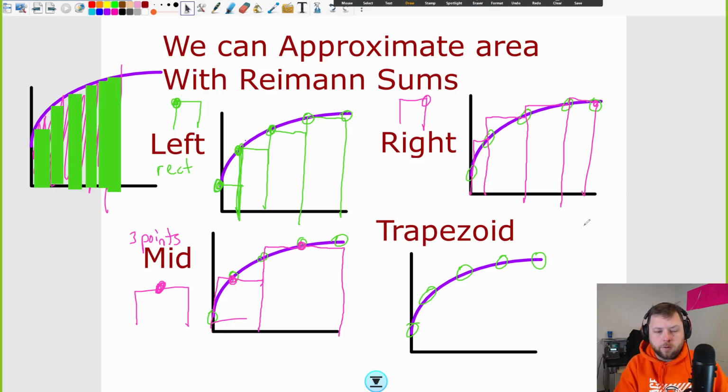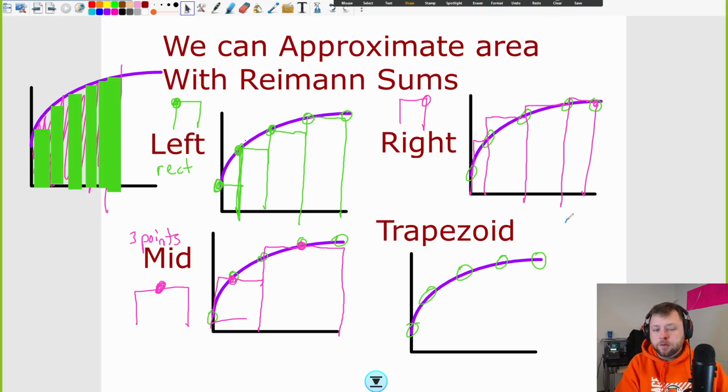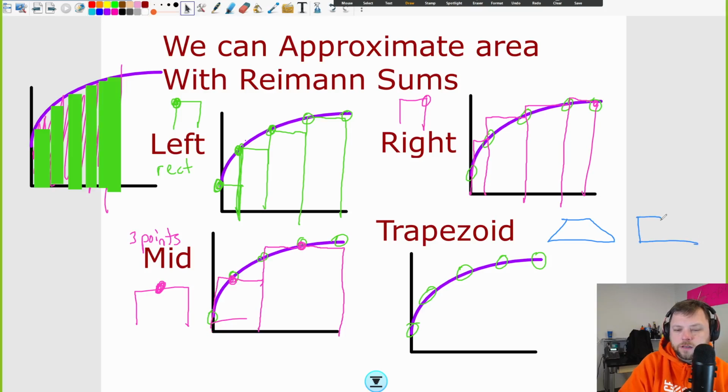And then the trapezoidal one. This is the idea that we're building trapezoids. Now, trapezoids, you might say, hey, trapezoids look like this, right? Well, they don't have to look like this. Trapezoids can look like this. They don't have to have 2 angled sides. We're not isosceles trapezoids here. Trapezoids just need 2 parallel lines.